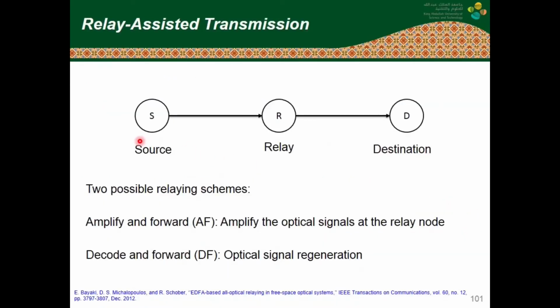Another way to compensate for atmospheric turbulence effects is through the use of cooperative diversity schemes. 7 or 8 years ago, this was a hot research topic. Two relay schemes are possible.